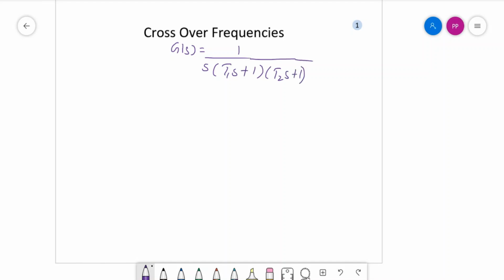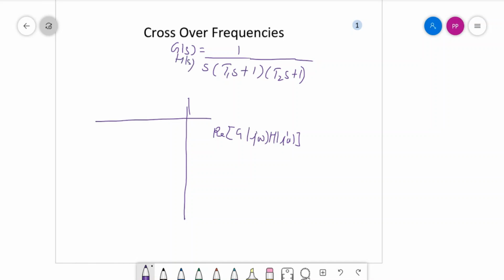For this, if I draw the polar plot, as we have already studied this in detail in the past, this is the real part of G(j omega) H(j omega). So this is for the loop transfer function, so I write here G(s) H(s). This is the imaginary part of G(j omega) H(j omega).